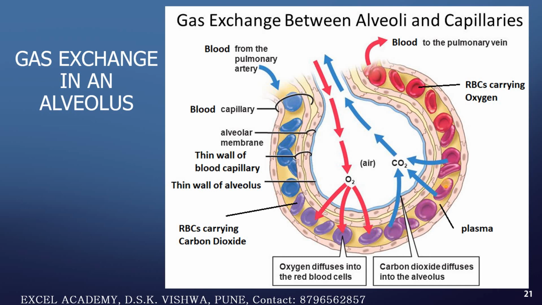And the CO2 is given out from the blood capillaries into the alveolar chamber. So CO2 will be exhaled. Here we can see the change in color, RBCs carrying oxygen, which are marked red. So this blood goes to the pulmonary vein for circulation.